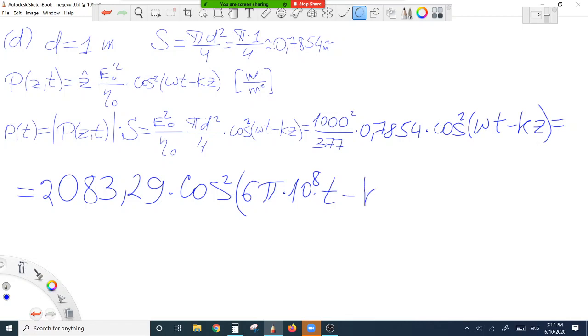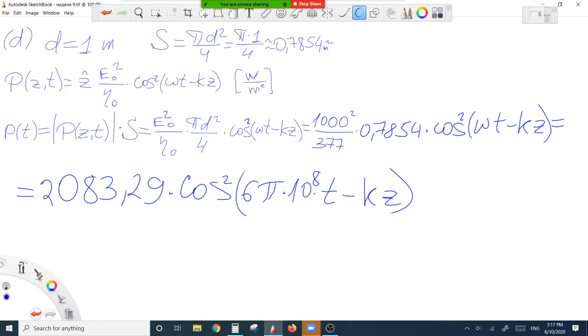We have found the instantaneous power received by the antenna.